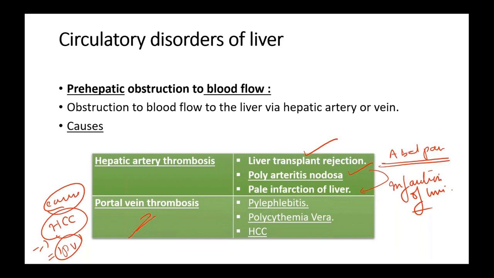So obstruction to blood flow to the liver via hepatic artery or vein. The causes are most commonly hepatic artery thrombosis and portal vein thrombosis.